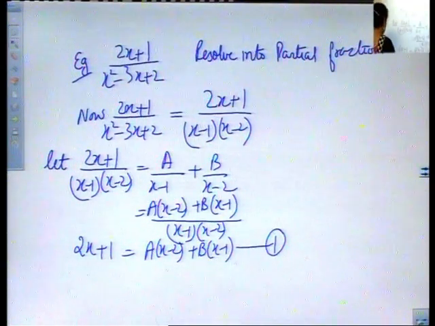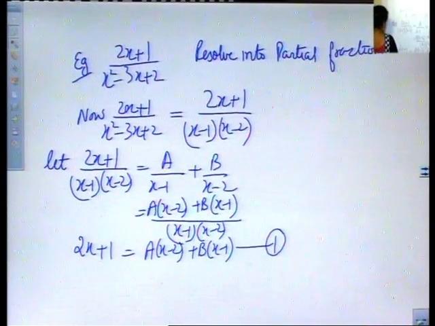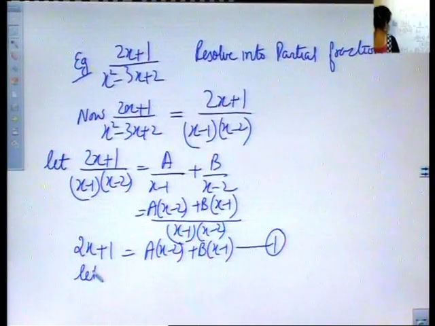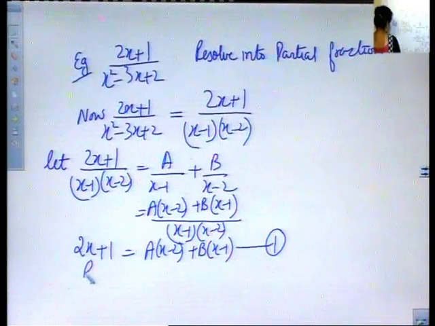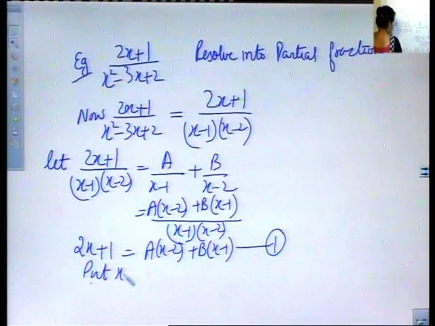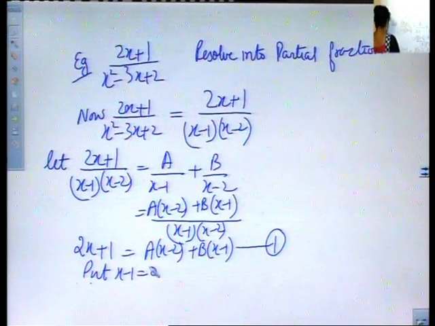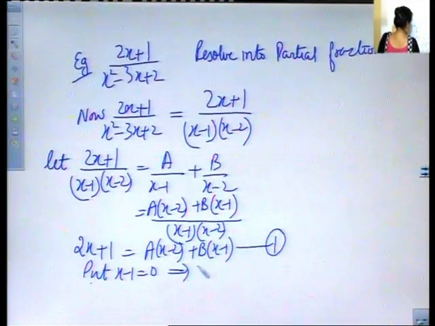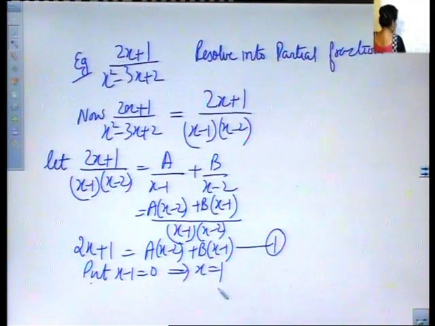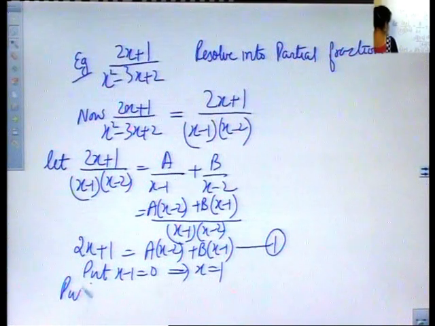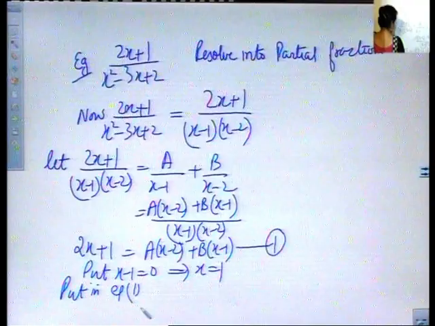Now we will put each factor equal to 0 one by one. Let us put x minus 1 equal to 0. This implies x is equal to 1. So put it in equation 1.